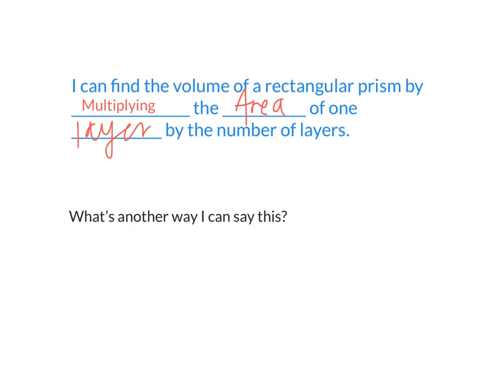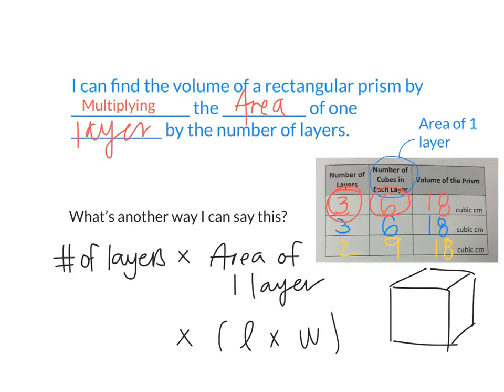Let's go back and look at the charts we've already done. So in my prism, if I want to find the area of this front face right here, I have to multiply the length times the width. Do you agree? Okay. But then I have to multiply it by the number of layers I have, right? Which would be this last one, which in this case is the height.